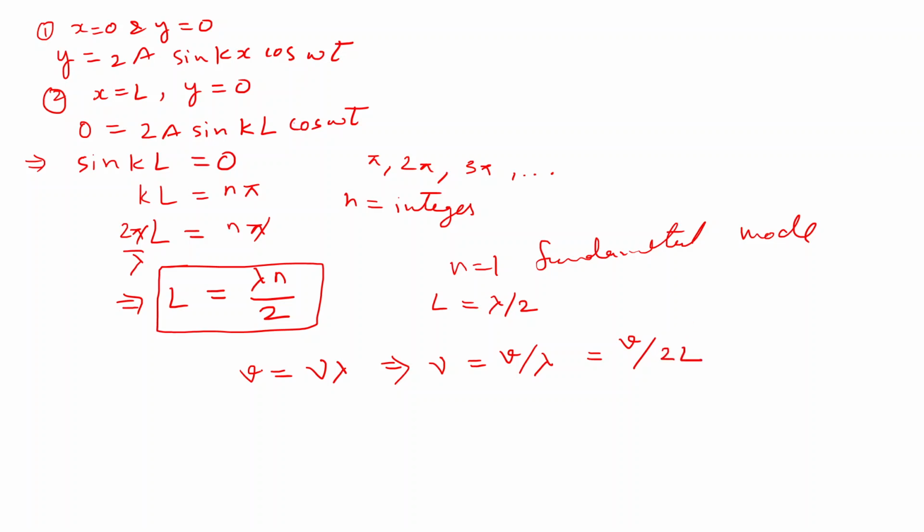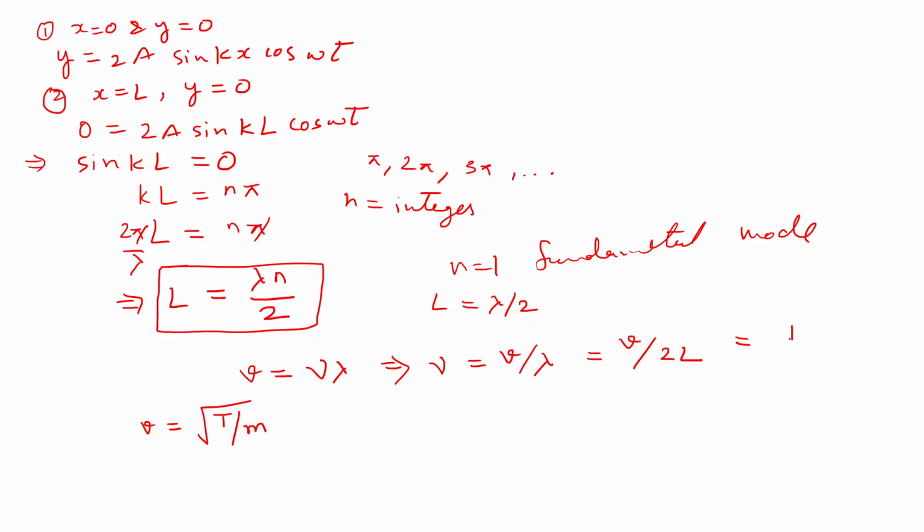So velocity divided by lambda, and the lambda value I'll take from here, that is 2L. Also it is known that the velocity for a wave traveling on a string is given by the square root of T over M, where T is the tension in the string.